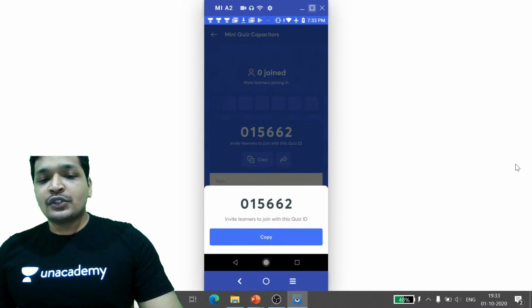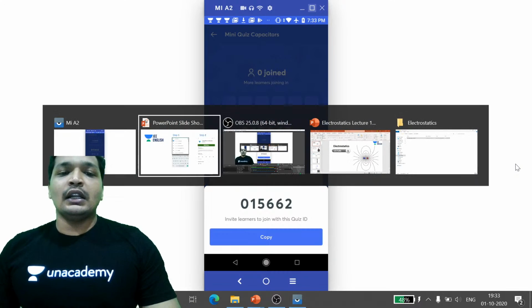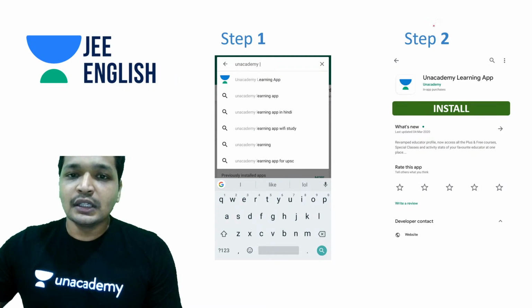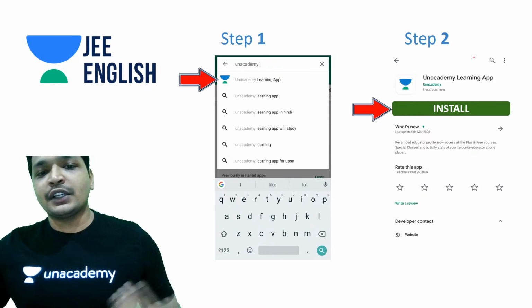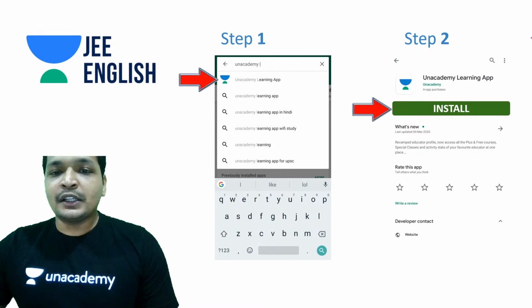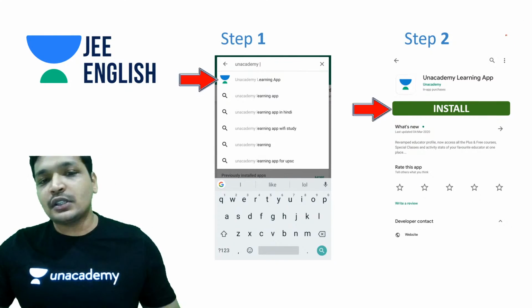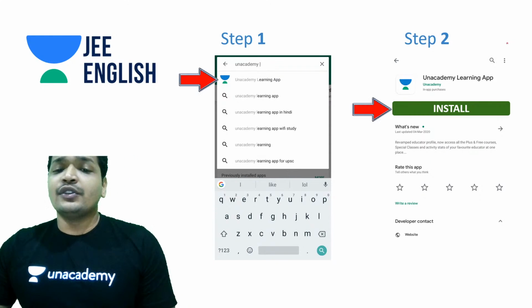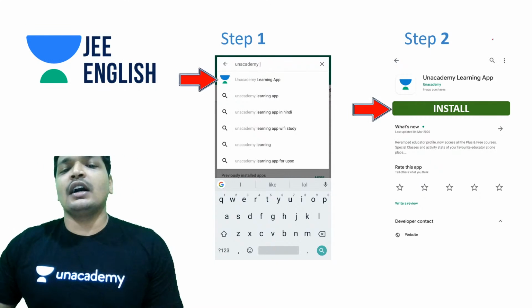And students who are totally new to this, let me tell you how to get on to the Unacademy quiz. It's a free of cost feature. You don't require any subscription to attend this quiz. So make sure you're attending the quiz because you get to attend a lot of PYQs, JEE Advanced and JEE Mains kind of questions in this quiz.